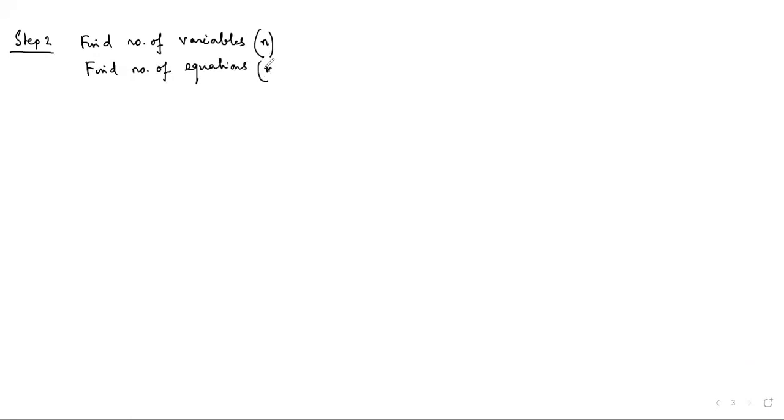So your step number 2 says: find the number of variables, which we denote by n; find the number of equations, which we denote by m, in the system; calculate the quantity n minus m.